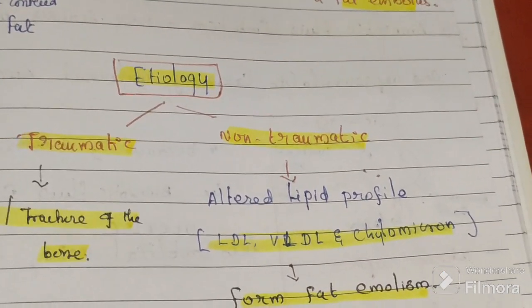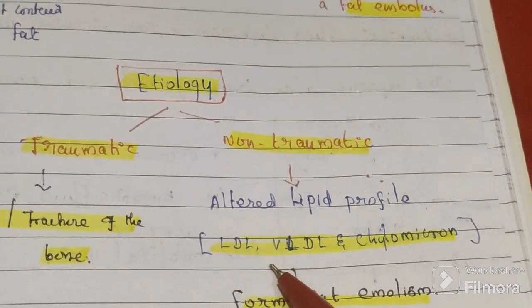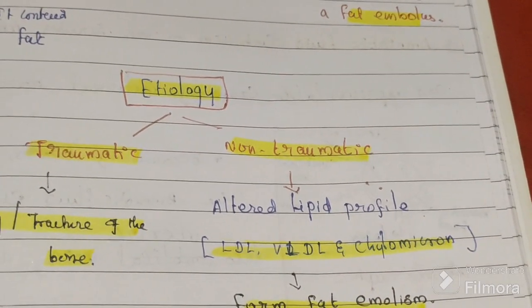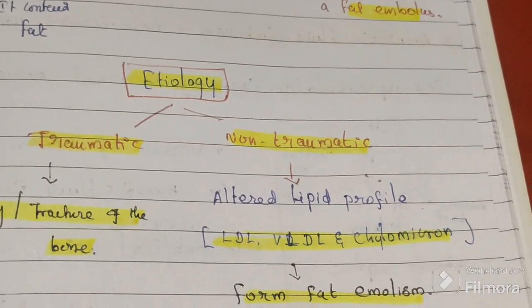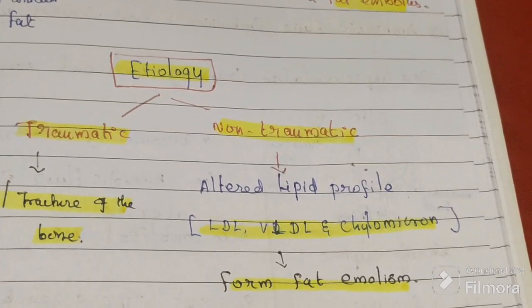In the blood we have LDL, VLDL, chylomicrons and so on. If all these are increased, they accumulate and form a fat embolism.